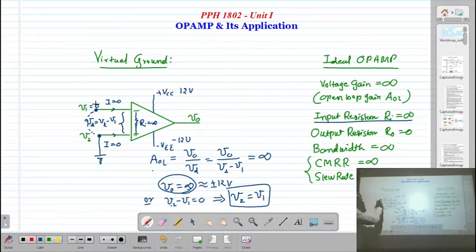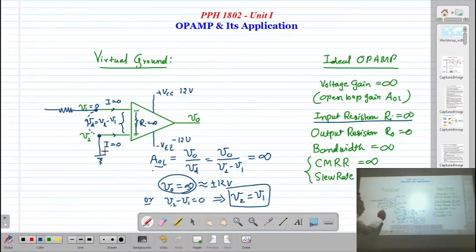So actually V1 is not connected to the ground. Remember, here we apply the signal through some resistance, correct? At this point, this point is not connected to the ground, but due to the infinite open loop gain, V1 and V2 are the same.